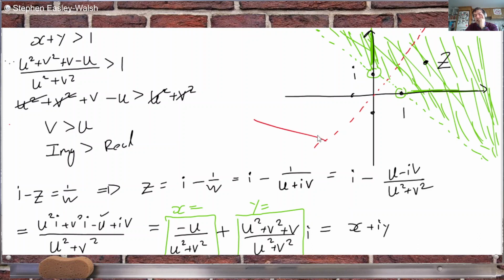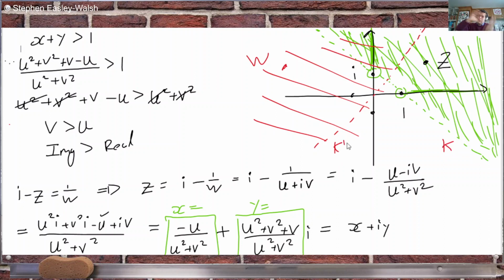So like I think it'd be like this. So all these z points here, if that's, I think they called that K, then this is the image of K over here. So that transformation looks like it does a flip over like that.